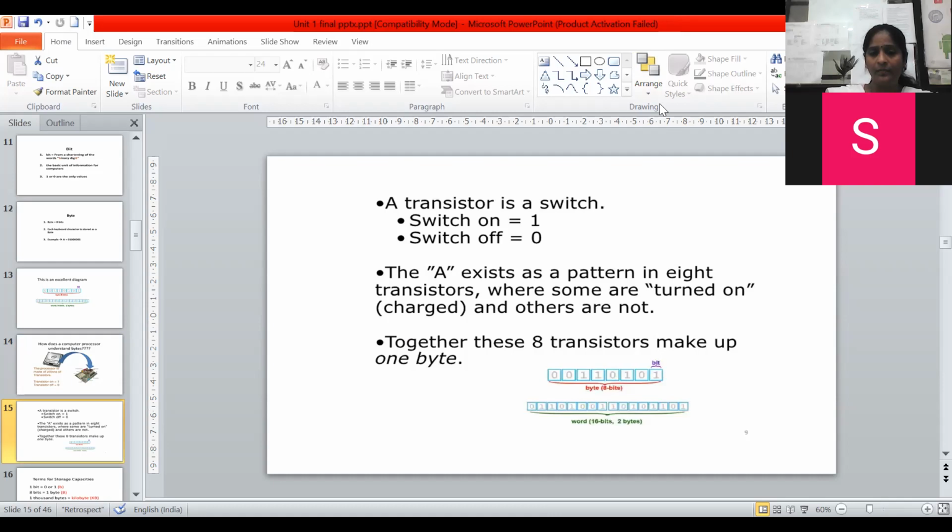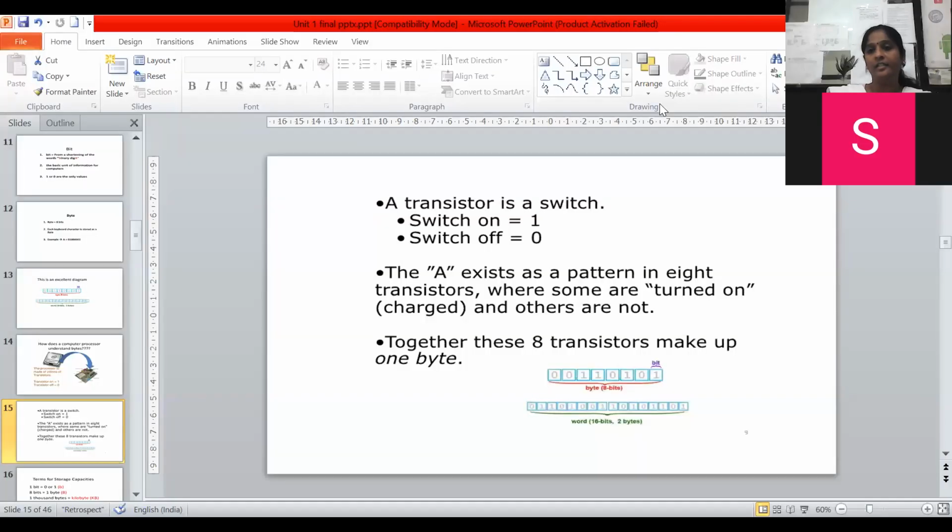Ma'am, the screen is not visible. Just a minute. Once again, I'll share. Now check whether it is visible.